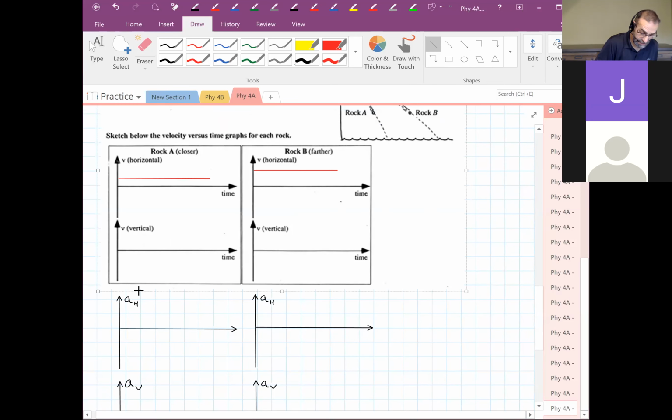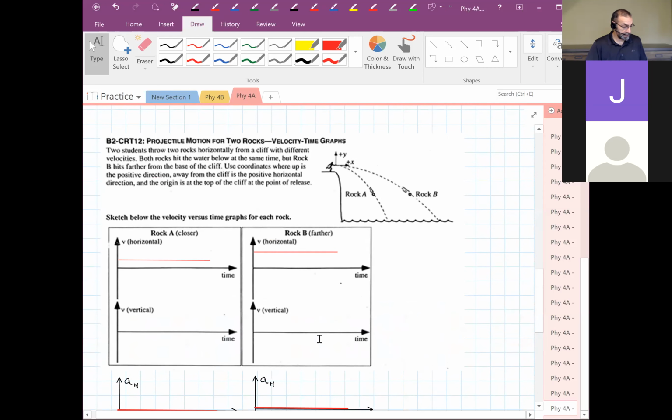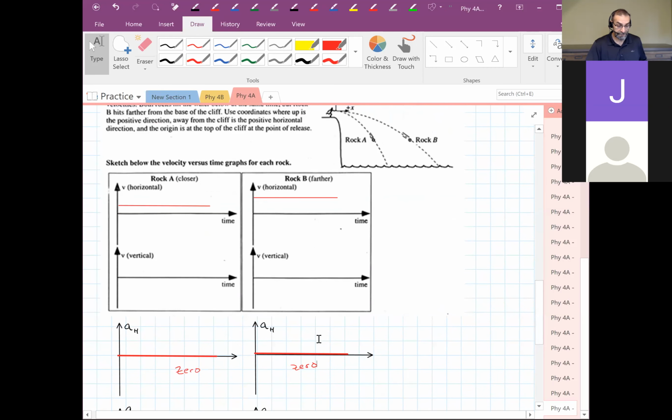If the velocity is constant, then the acceleration will be 0. Okay, let's do vertical velocity versus time.